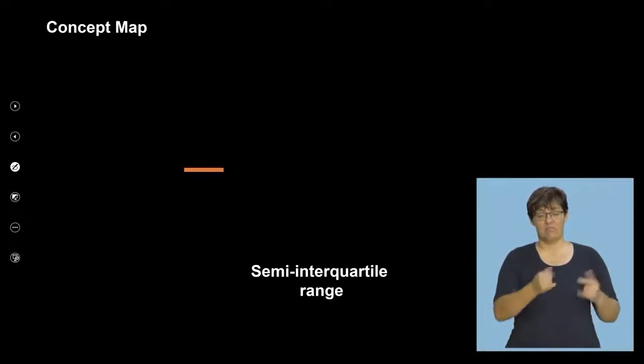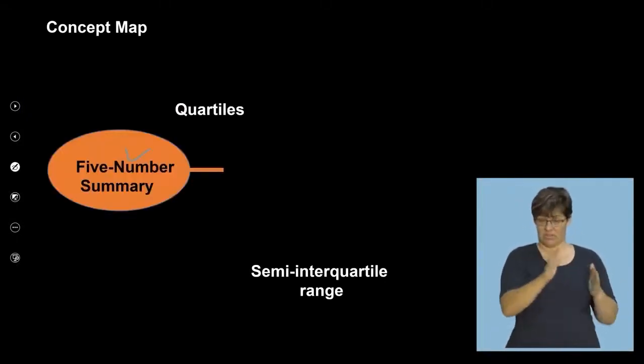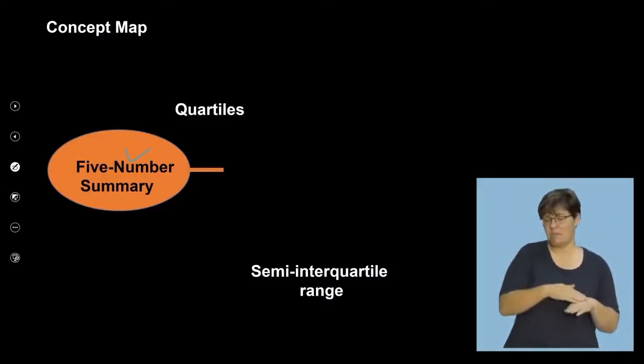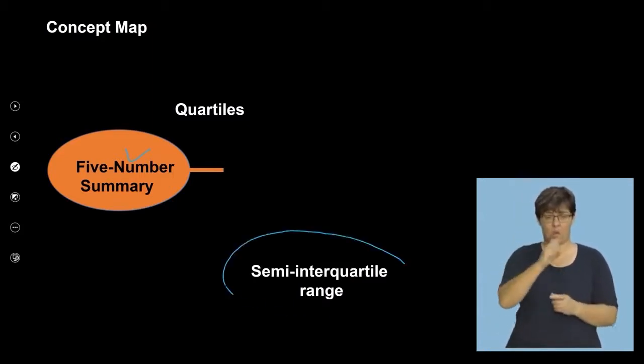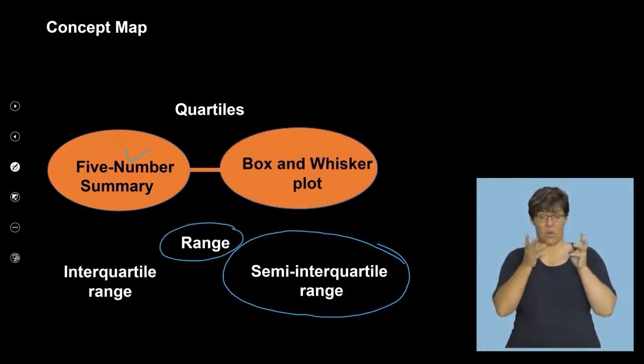So what are we going to look at now? We've looked at the 5-number summary, which is our quartiles with the minimum value and the maximum value. We'll still look at something called the interquartile range. So the range also, then the box and whisker.